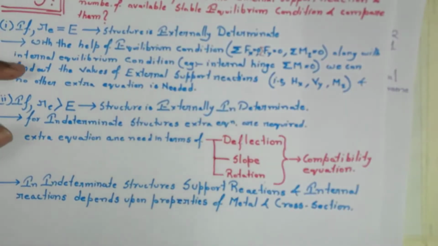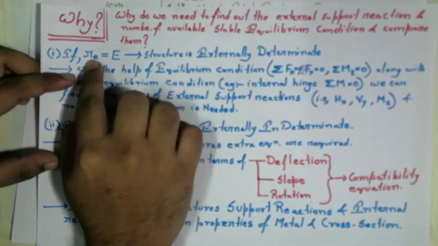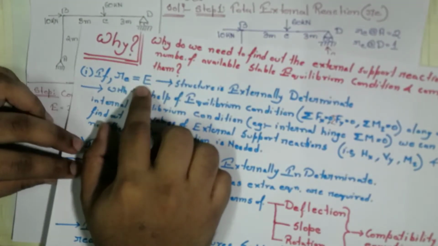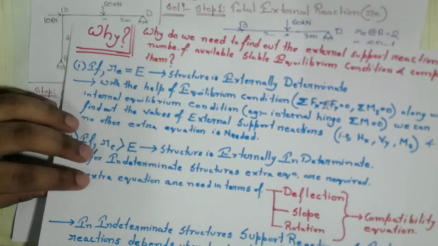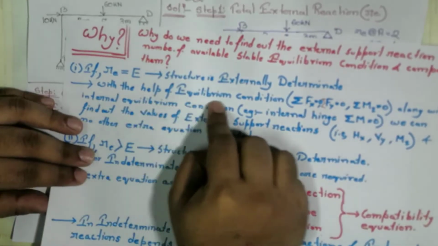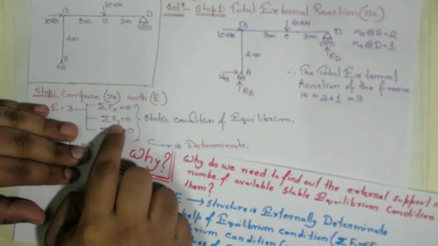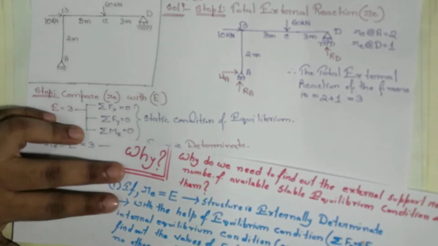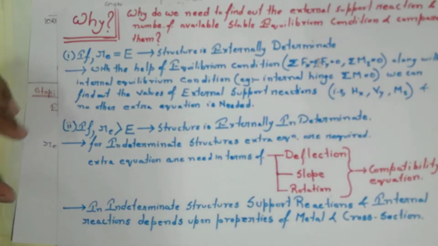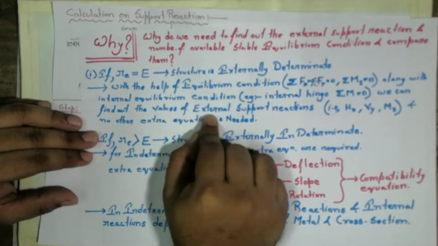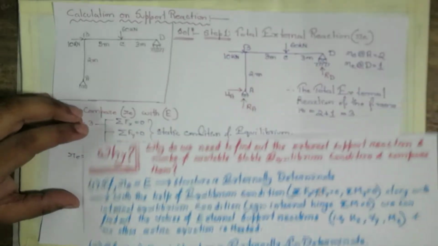Now what is the meaning of this? Why is it determinate? When RE is equal to E, the structure is externally determinate. What does this mean? That with the help of equilibrium conditions, that is summation of Fx, summation of Fy and summation of Mz, along with internal equilibrium condition, we can find out the values of external support reactions.